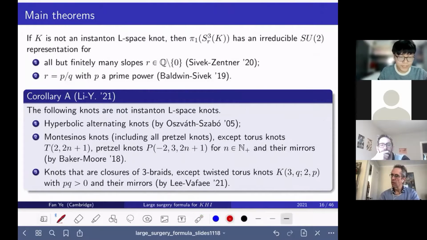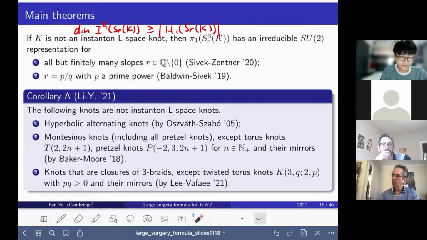First, we have a proposition that the dimension of I sharp of the R surgery is always larger than or equal to the order of the first homology.